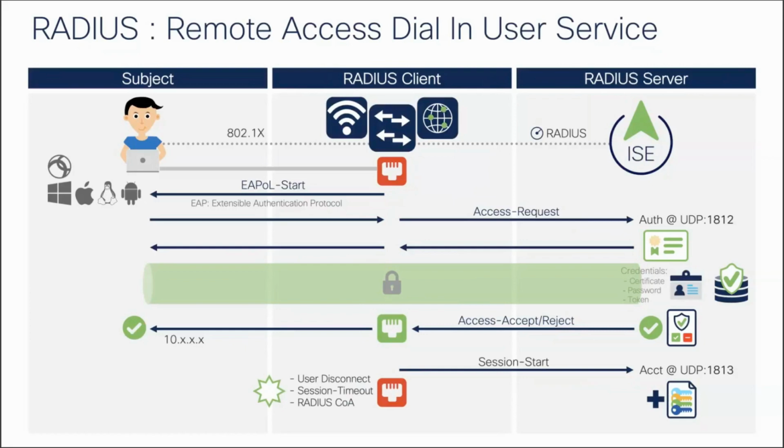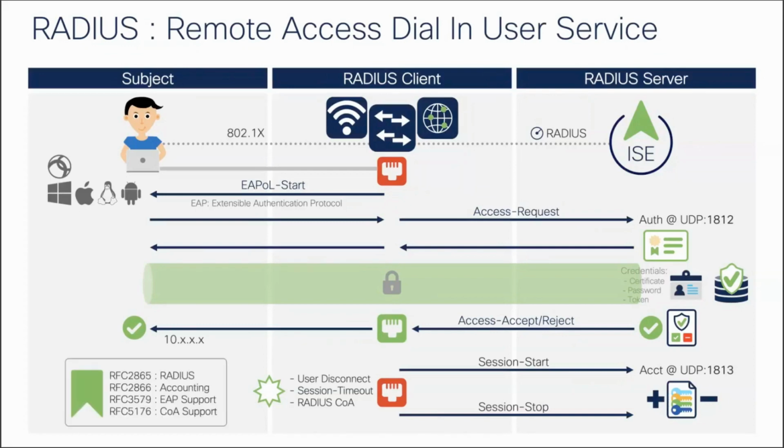Whatever the reason, we can change it. And when that happens, we get a session stop, and that's when we can decrement the license count. So that's basically how ISE works with RADIUS in a nutshell. And all this is documented in the standard RFCs if you are interested in seeing those and learning more about them.